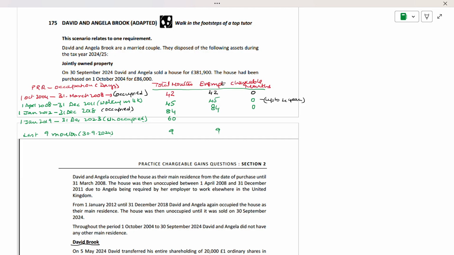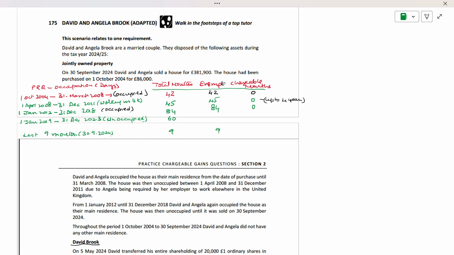That condition will work when you are going to come back and occupy the property again. If we are not going to occupy it, then that 36 months will not be applicable. Are you clear about this?